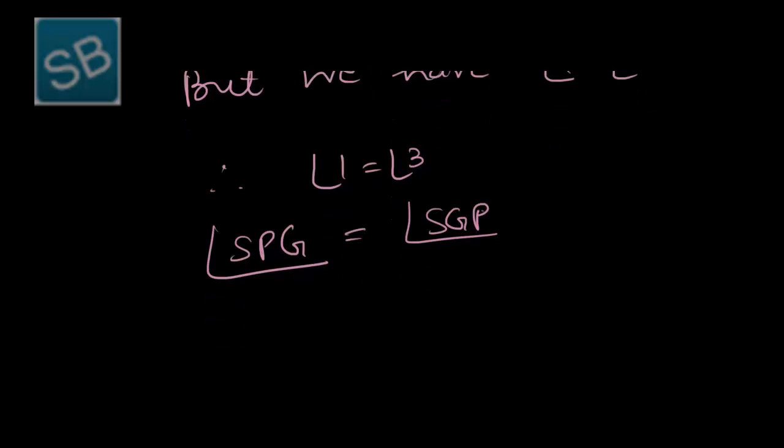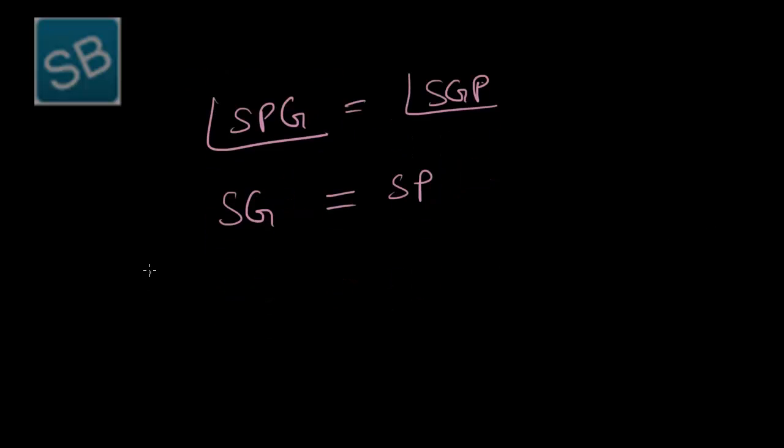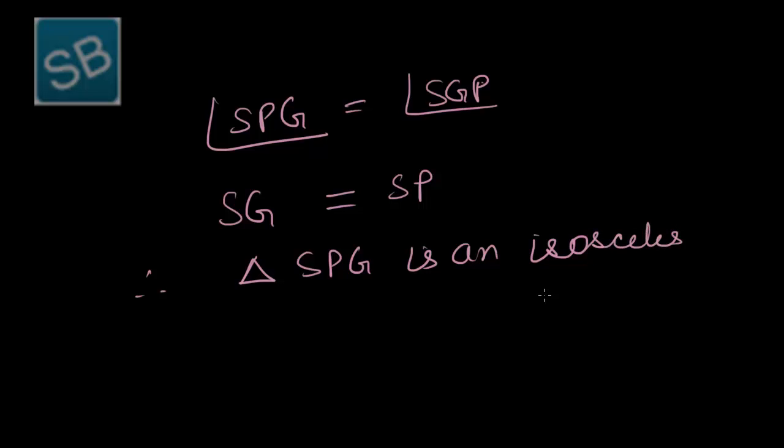And we know that sides opposite to equal angles are equal. So the side opposite to SPG is SG and the side opposite to SGP is SP. Therefore, triangle SPG is an isosceles triangle.